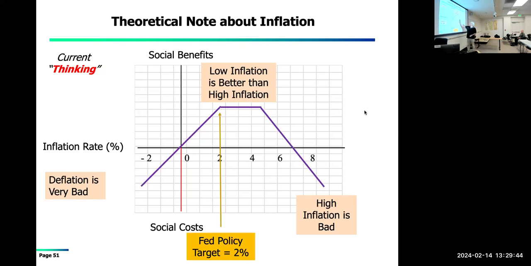In this zone here, the reason I put this idea of this flat part is, do we really know socially that there's a big deal difference between a 2% inflation rate and a 3% inflation rate? And the answer is no. We don't have anything to suggest, gee, if they had set it at 3%, life would be dramatically different.